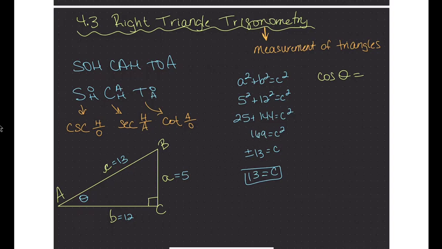So I'm talking about theta. If I want to find the opposite side, I go to the opposite side of the triangle. So this guy is our opposite side. C is going to be the hypotenuse because it's across from the right angle.